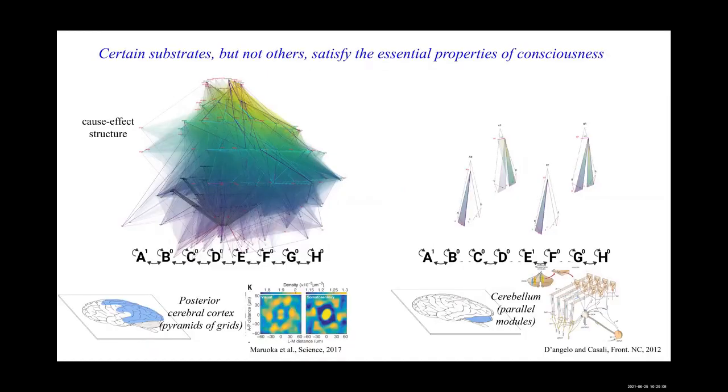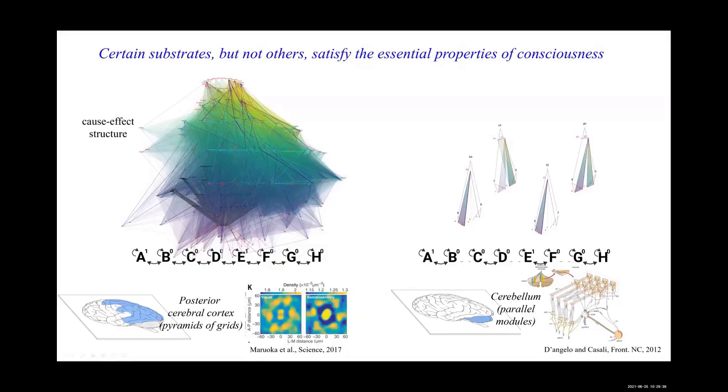And I'll give you only a sketch here of the idea that, purely based on the postulates of IIT, you can already infer that a substrate like parts of the posterior cerebral cortex, where neurons are connected in a grid-like manner and then pyramids of grids stacked upon grids, is a very good substrate that, when unfolded, can actually specify a giant cause-effect structure. That is, high levels of consciousness, if you wish, of a certain kind.